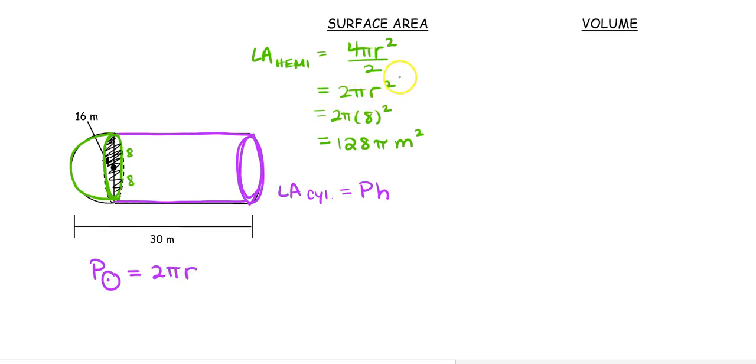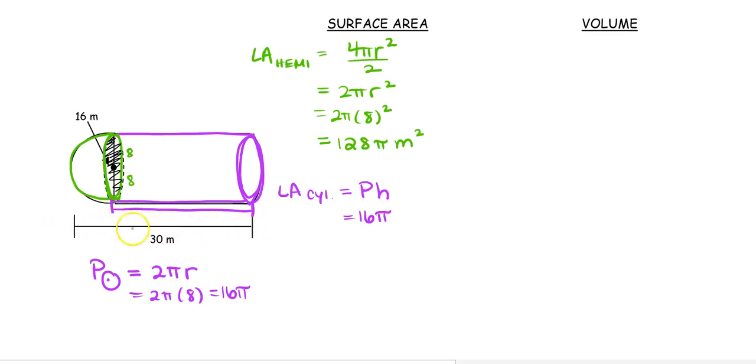Different than 2 pi r squared, when I'm squaring it, I have that surface area. So that's 2 times pi. We already determined that the radius was 8, giving us our perimeter of 16 pi. This h is representing the height of our cylinder.